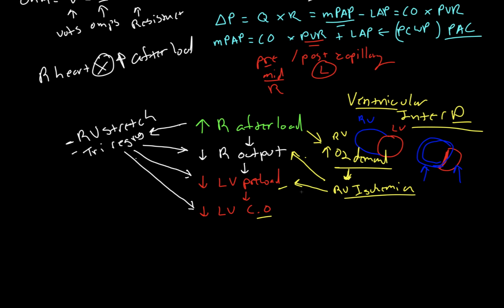So a decrease in LV preload is going to decrease your coronary flow, right? Because our coronary blood flow supply is dependent on diastolic pressure and our preload. And if we decrease our coronary flow, we're also going to have an effect on our cardiac output, and then we're also going to have an effect on RV ischemia.